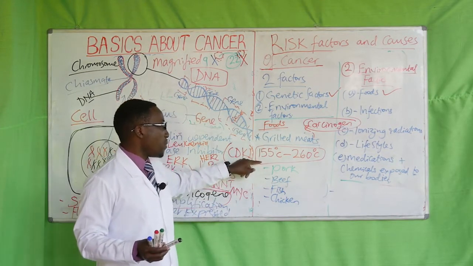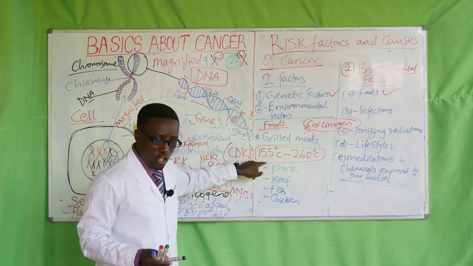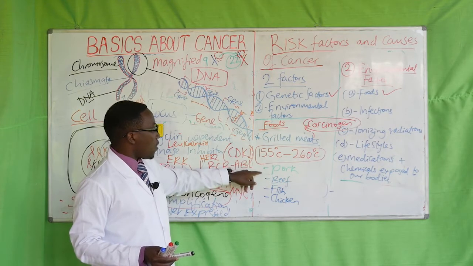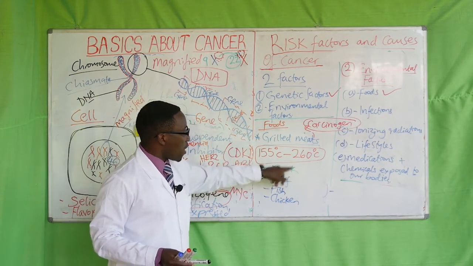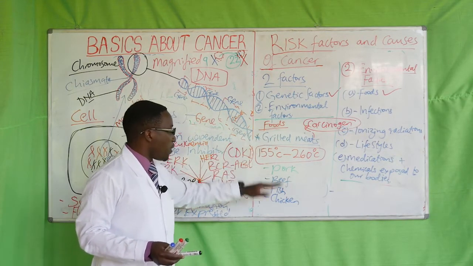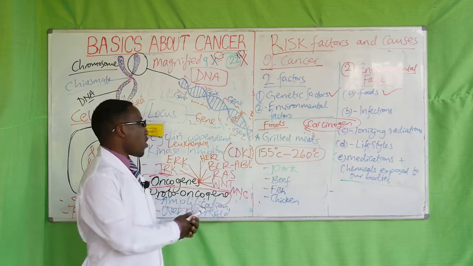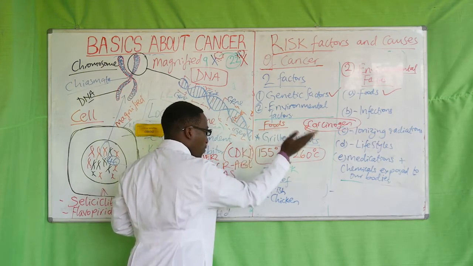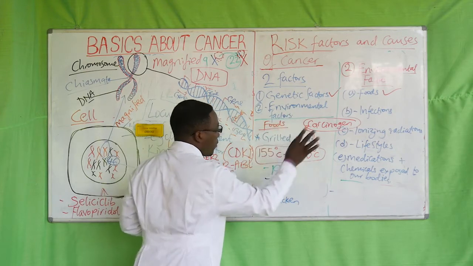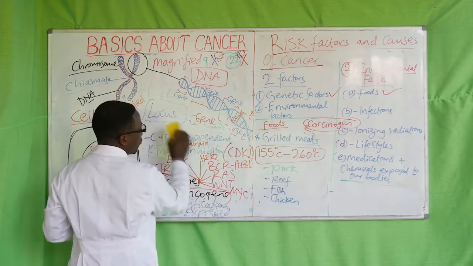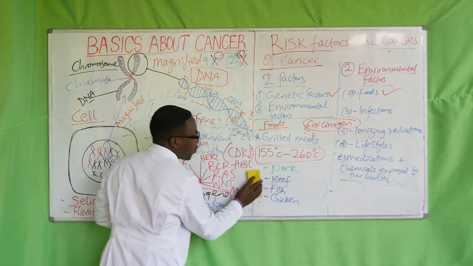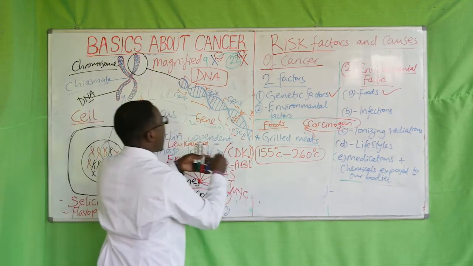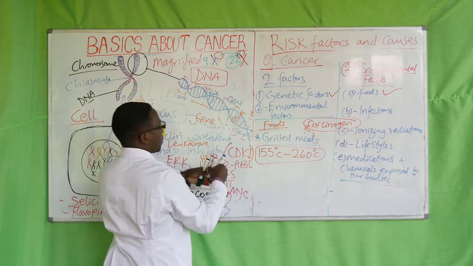Now the moment meats are being grilled, roasted, using that dry heat, when they reach these temperatures, especially above 150 degrees Celsius, they start releasing what we call nitrosamines.